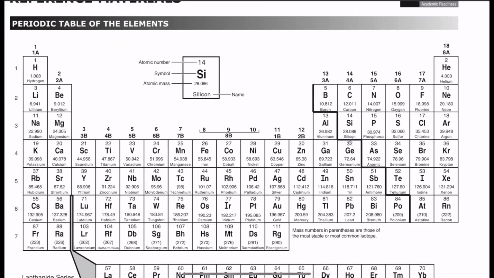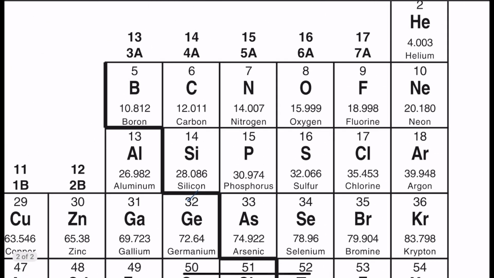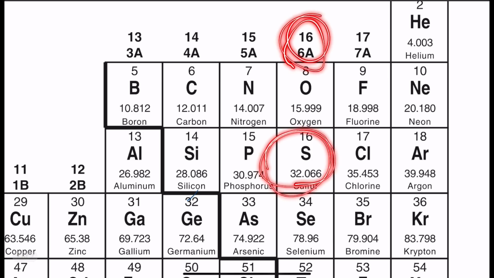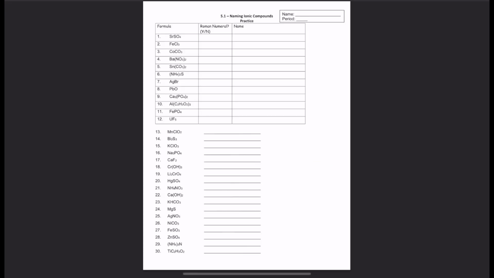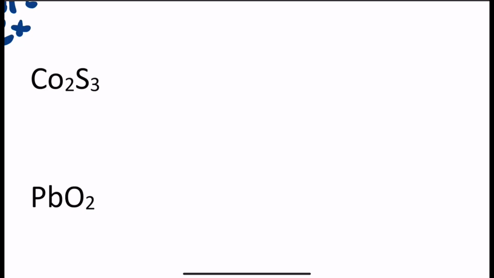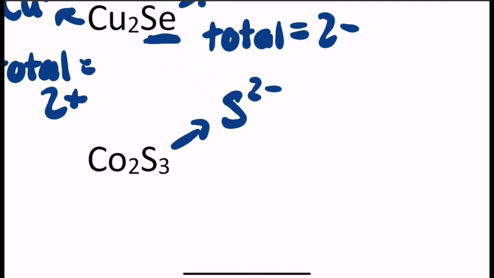Sulfur on our periodic table is going to be right here in column 6A. So that means it has 6 valence electrons. It's going to go to 8 valence electrons when it ionizes. So it's going to gain 1, 2 valence electrons. So it will have a 2 minus charge when it's an ion. So the sulfur ion will be S with a 2 minus charge.